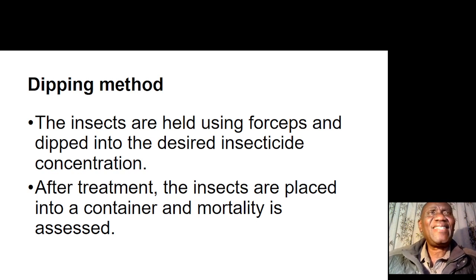After treatment, the insects are placed into a container, and we assess the effects of the insecticide, probably by counting the dead insects and the live insects, so that we assess what is known as mortality.